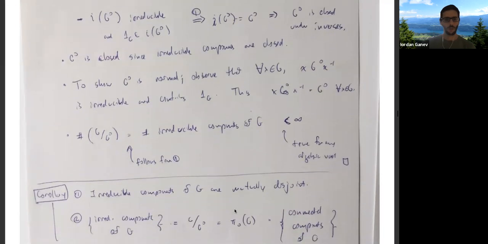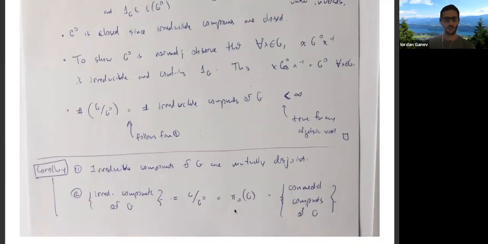And as a corollary, we get a quick consequence of this. The irreducible components of G are mutually disjoint. I think I already said how that goes. And this quotient G mod G circ, the component of the identity, is the zeroth homotopy, quote unquote, group.